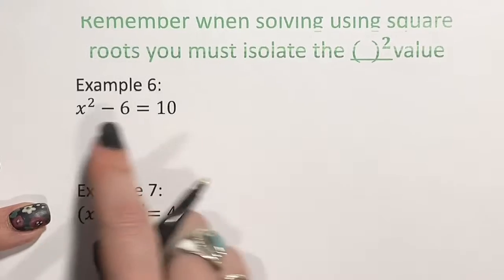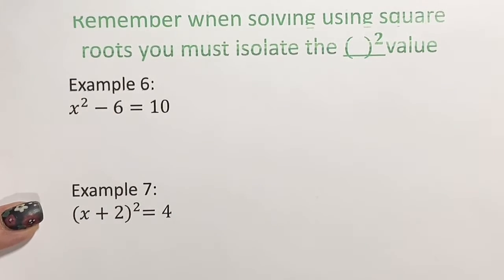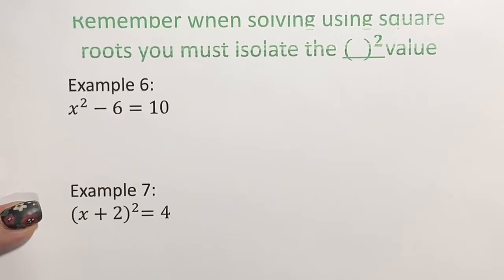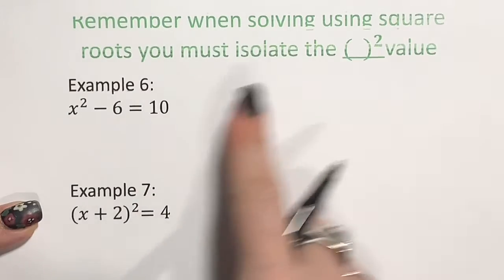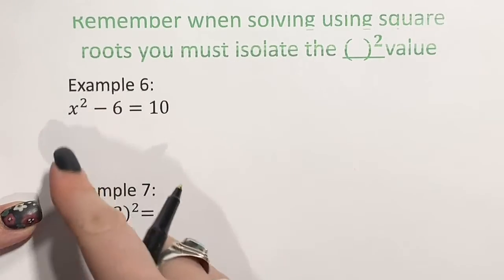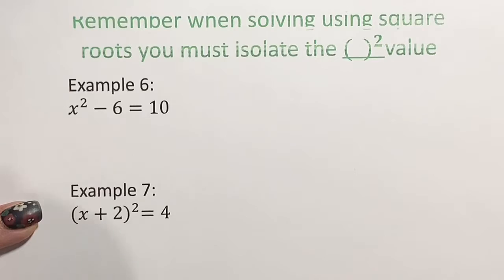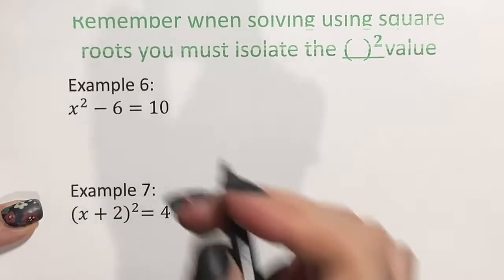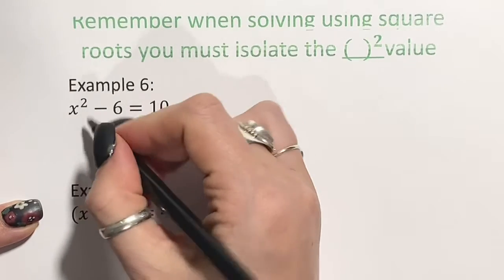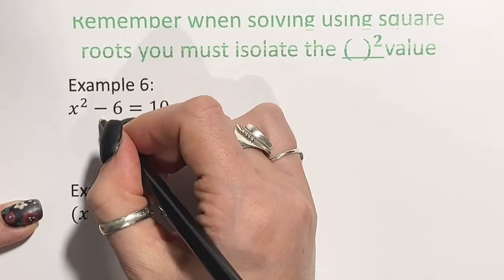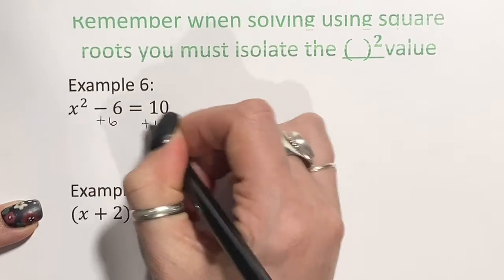Okay, again, my printer is a little bad here. It's supposed to say, remember when solving using square roots, you must isolate the square value. We need to get x squared alone before I actually do the square root. So I need to get that x squared alone by first getting rid of this minus 6 by adding 6 over.